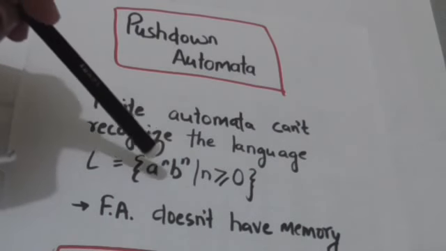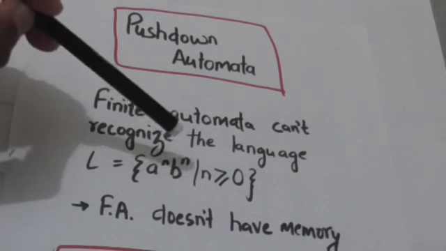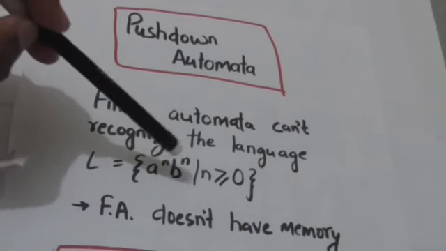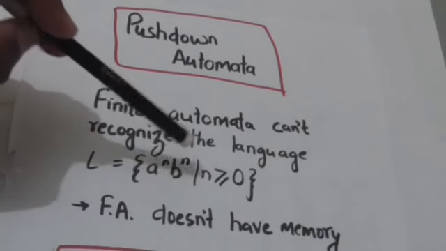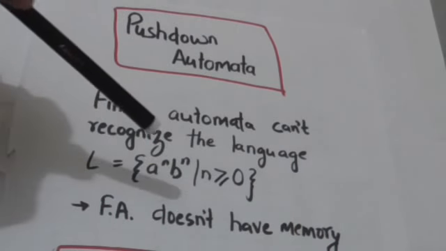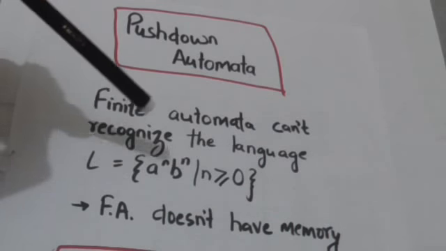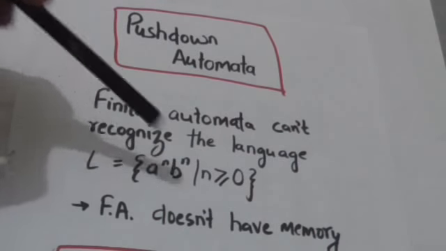This language contains strings in which the number of A's is equal to the number of B's and no B is followed by an A, right? So why can finite automata not recognize this language?